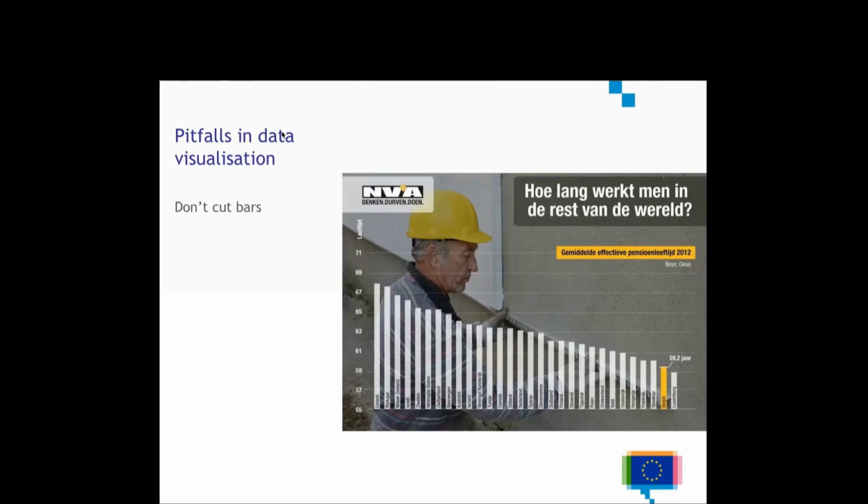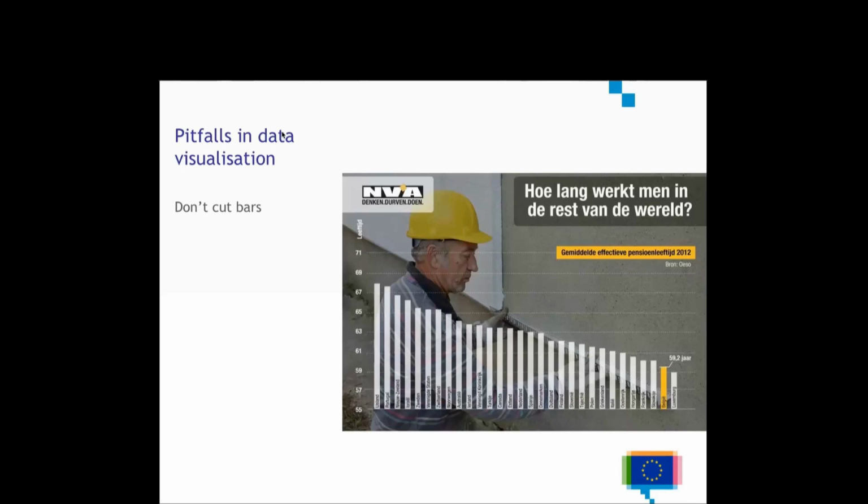Then of course the question is what to do, what can you do to avoid this pitfall, because in a lot of cases small differences can be significant. My advice there would be to show the deviation from the average, for example. Then you would see that some countries are above average, some countries are below average. Or you can show a deviation from any other meaningful value with bars.